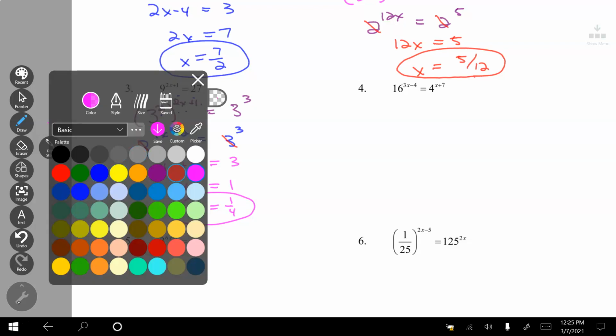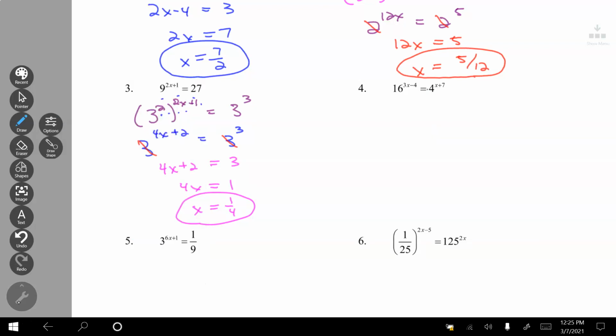For this next one, I think a good base... you could use 2, but I might as well use 4. It makes my life a little bit easier. I don't have to rewrite that second one. I can multiply my exponents here. 4 raised to the 6x minus 8 is equal to 4 raised to the x plus 7.